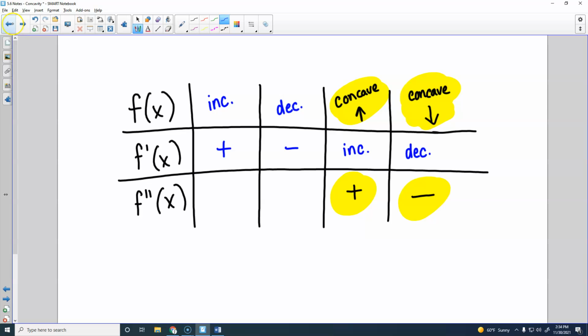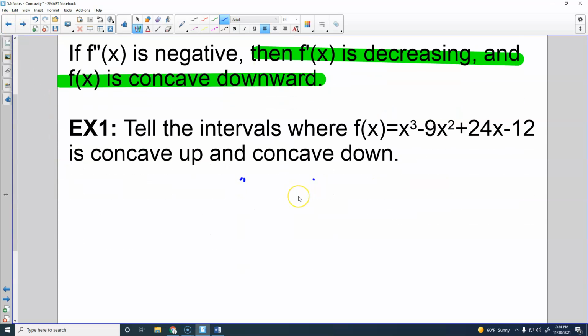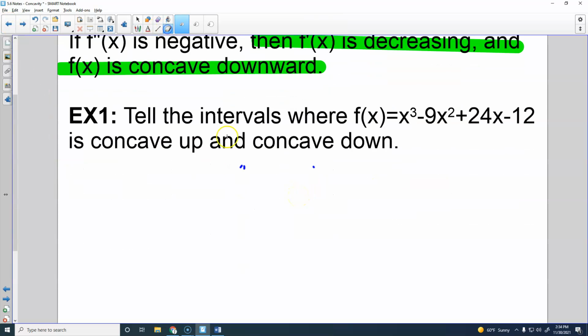All right. Okay, so let's go back to this problem. We're supposed to tell the intervals where f of x equals x to the third minus 9x squared plus 24x minus 12 is concave up and concave down. So if I can find the second derivative and tell whether it's positive or negative, that will tell me whether f is concave up or concave down.